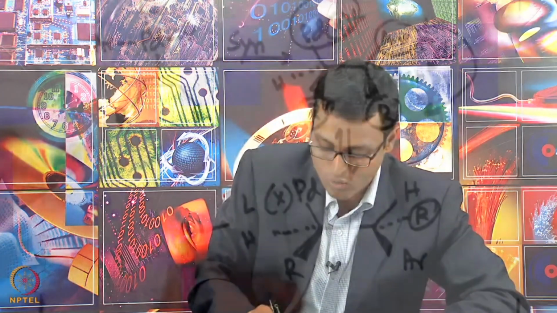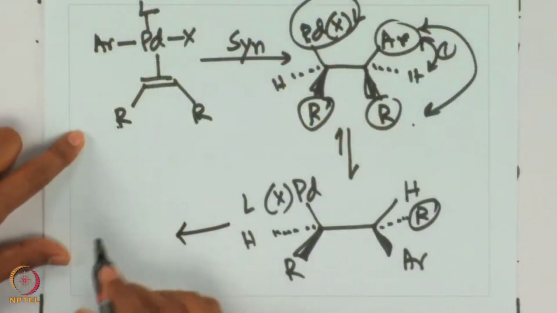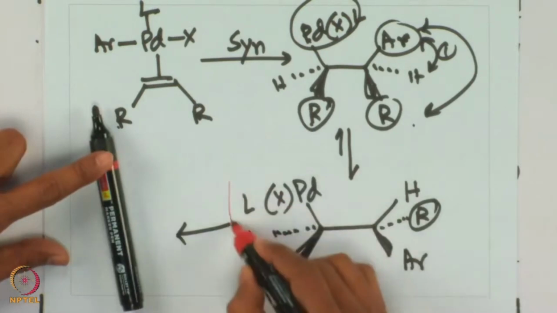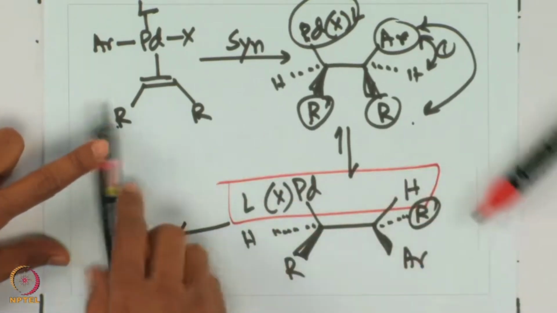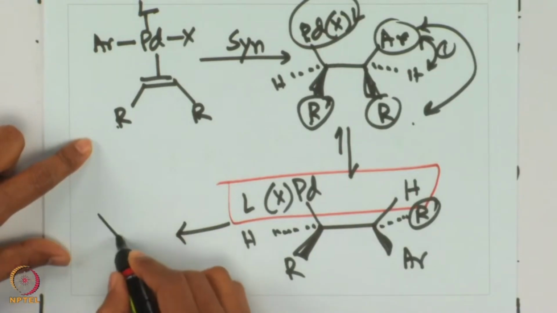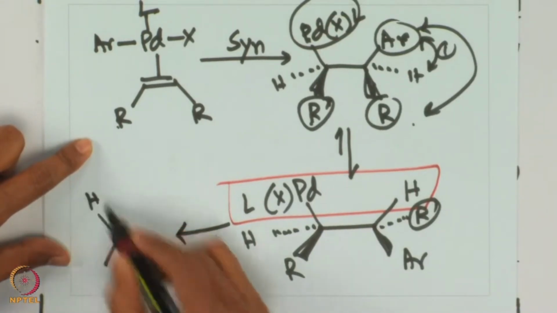We will see that now they are leaving from there, right. Overall, we will see then the beta hydride elimination from this intermediate. This is the beta hydride elimination intermediate. We will get now the product where H is on that side.